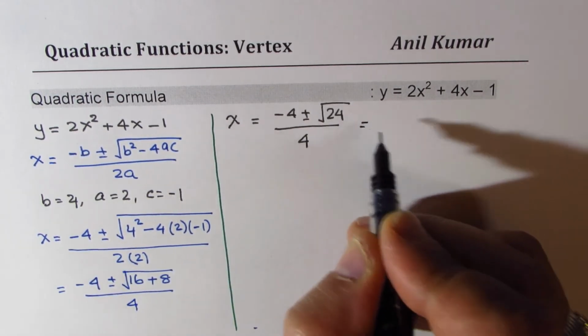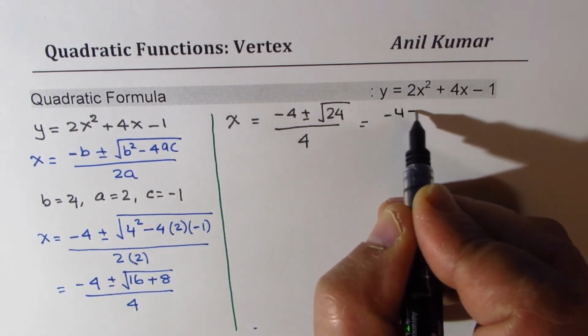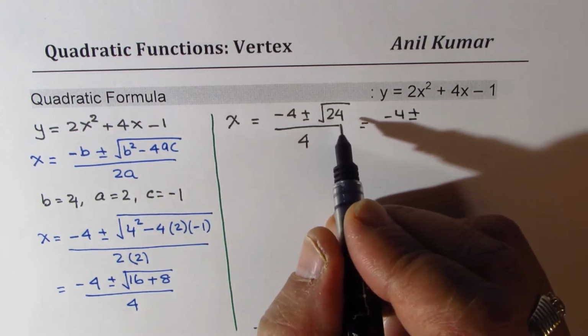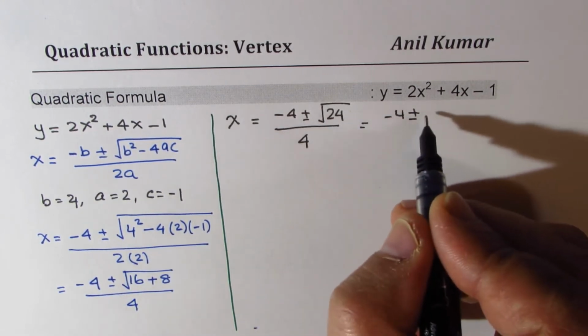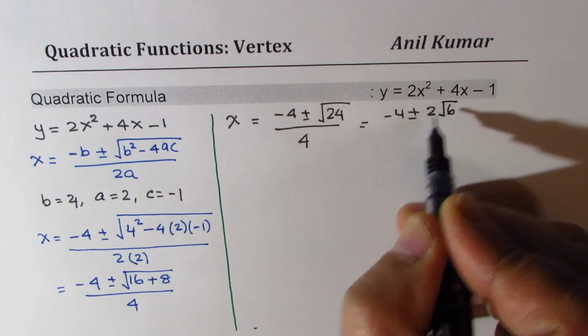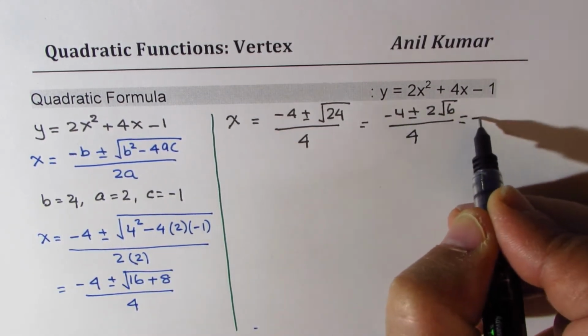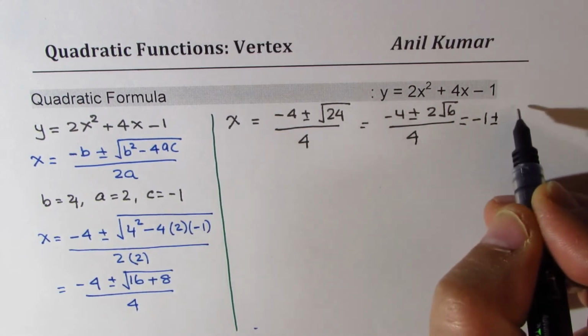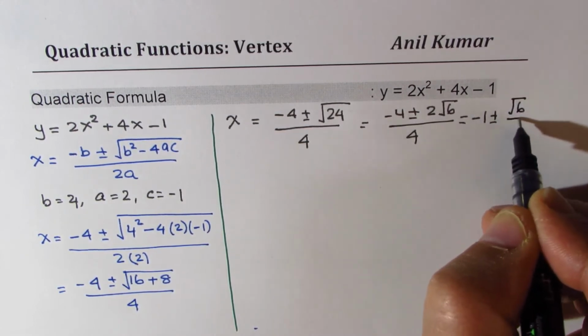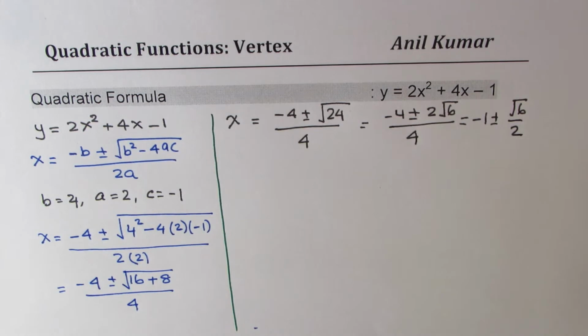Or we could write this as minus 4 plus minus square root of 24, which is 6 times 4, so we could write 2 square root 6 over 4. Now dividing by 4 we get minus 1 plus minus square root 6 over 2. So that becomes your roots. What I'm trying to show here is that we got the 2 roots.